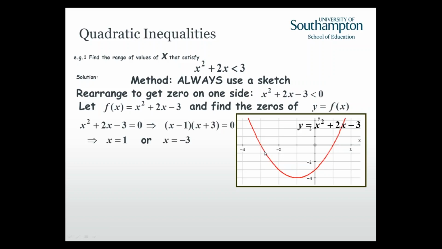These are the range of values here, where this bit of the graph is the bit below the x-axis. So the range of values are between when x is minus 3 and x is 1.